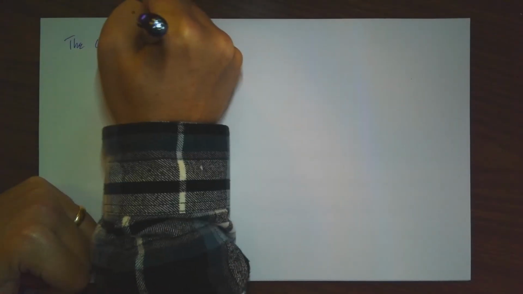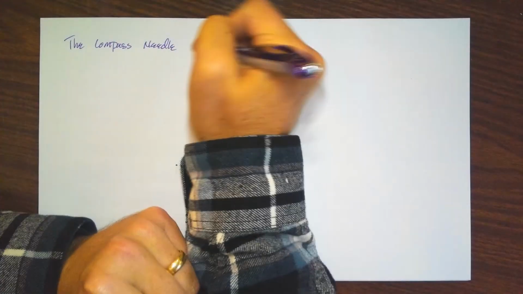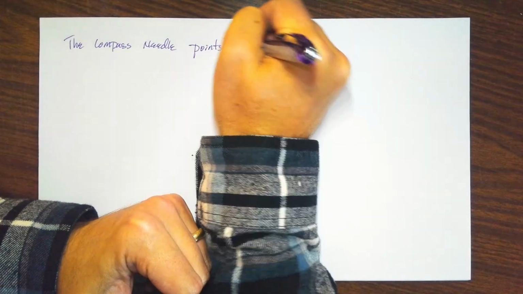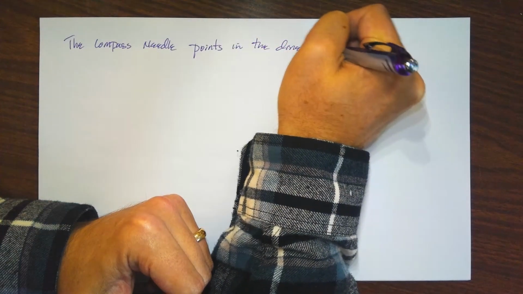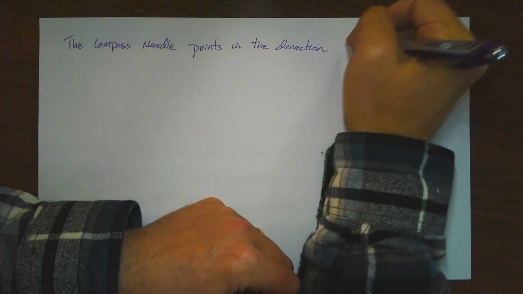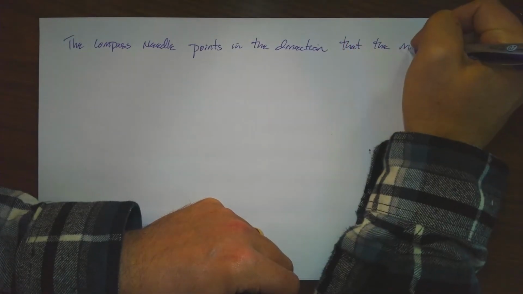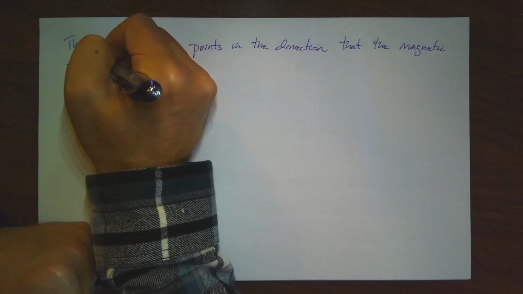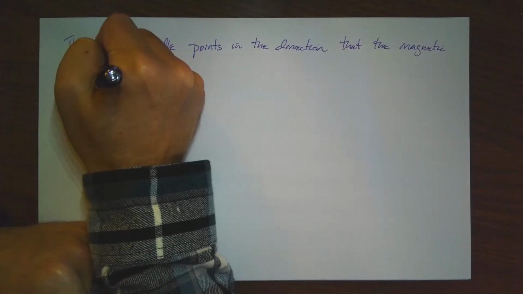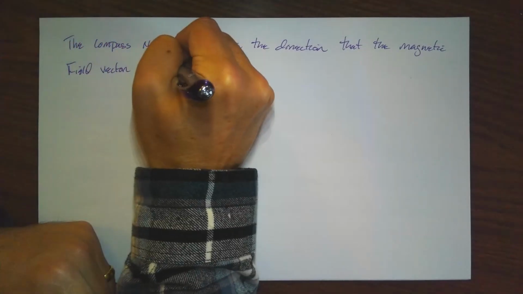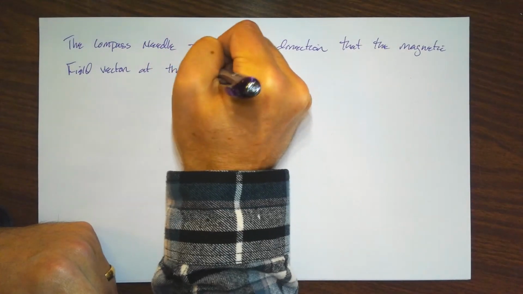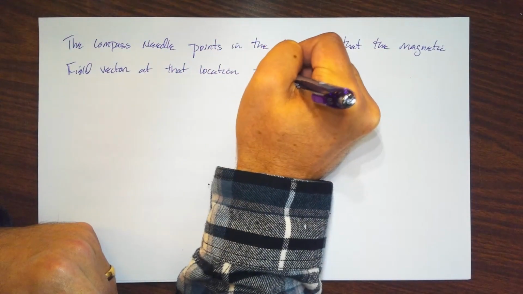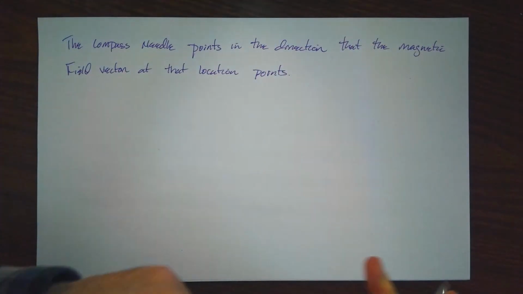And so the compass needle points in the direction that the magnetic field at that particular location points.